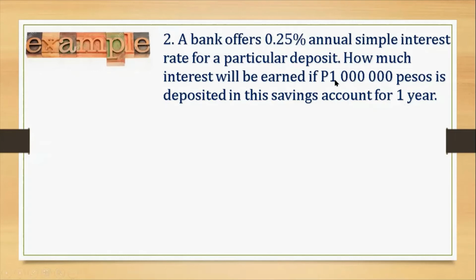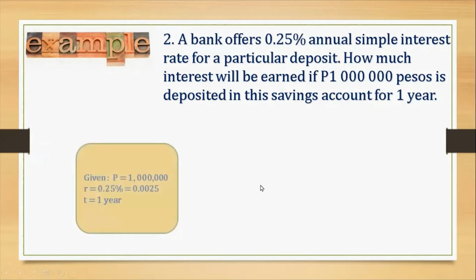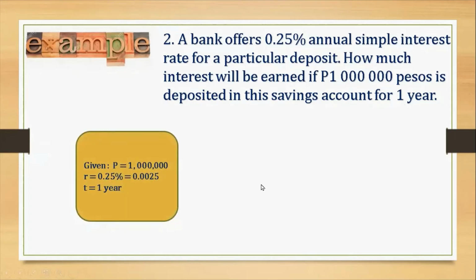So if you say 1 million pesos, that will be our principal, which is the value of P. So we have now here the given principal is equal to 1 million pesos. Rate is equal to 0.25%, which is equal to 0.0025. And for the time, that's 1 year.